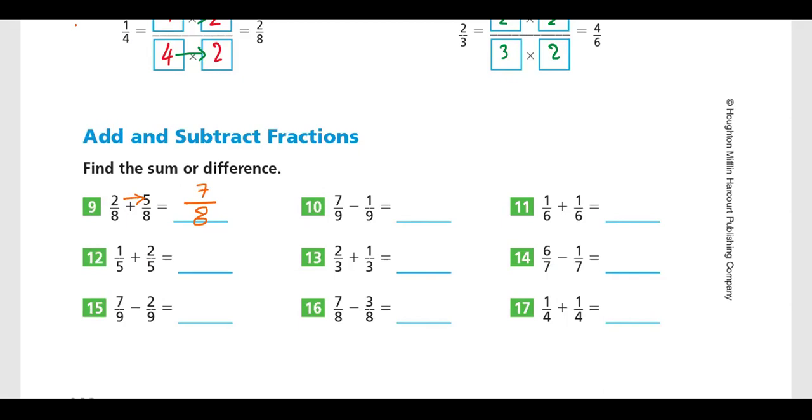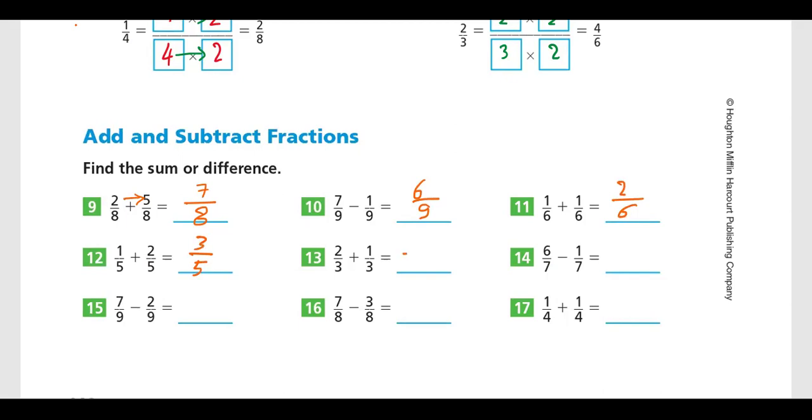Also subtract with the same denominator: write one of them down, and 7 minus 1 is 6. The same denominator, 1 over 6 and 1 over 6, write one of them, 6, and 1 plus 1 is 2. The same denominator, write 5, and 1 plus 2 is 3.